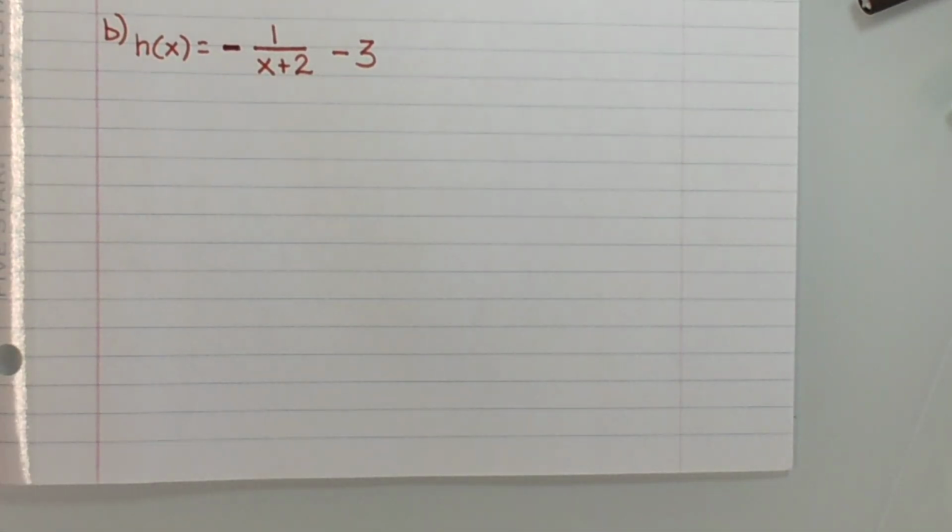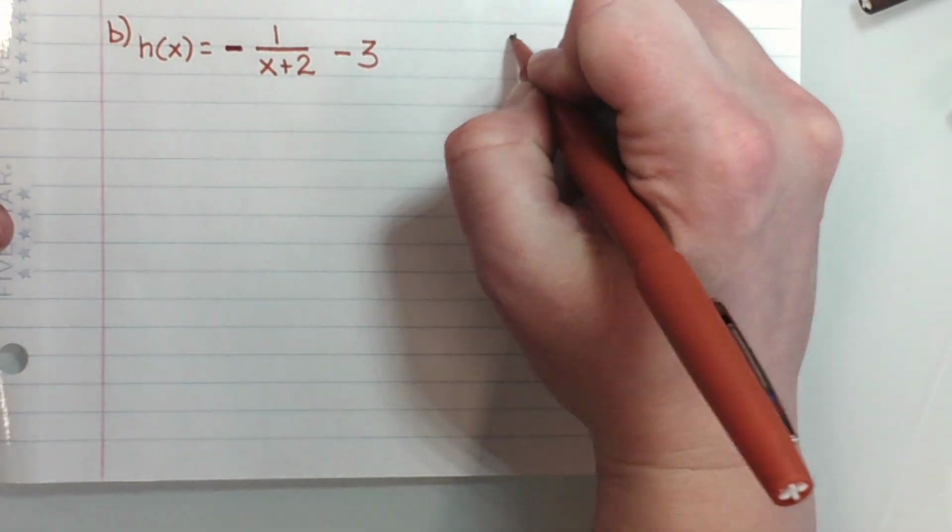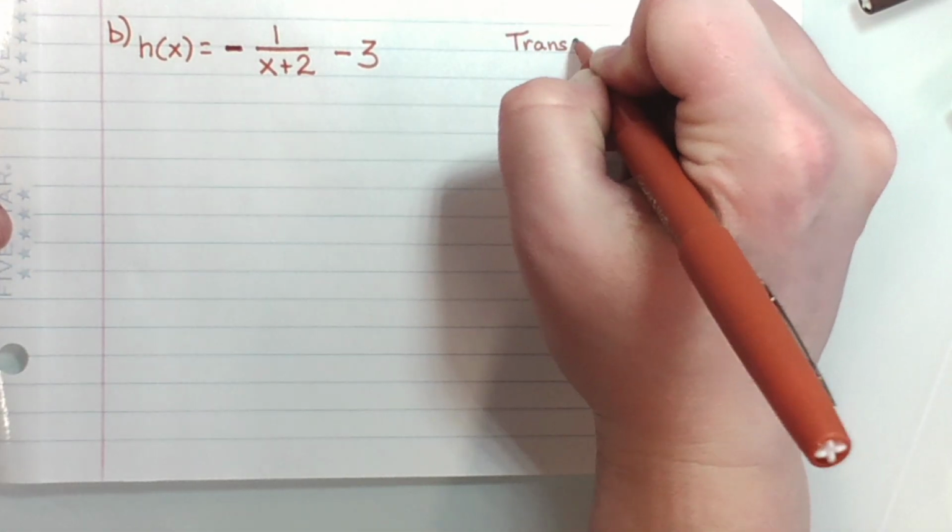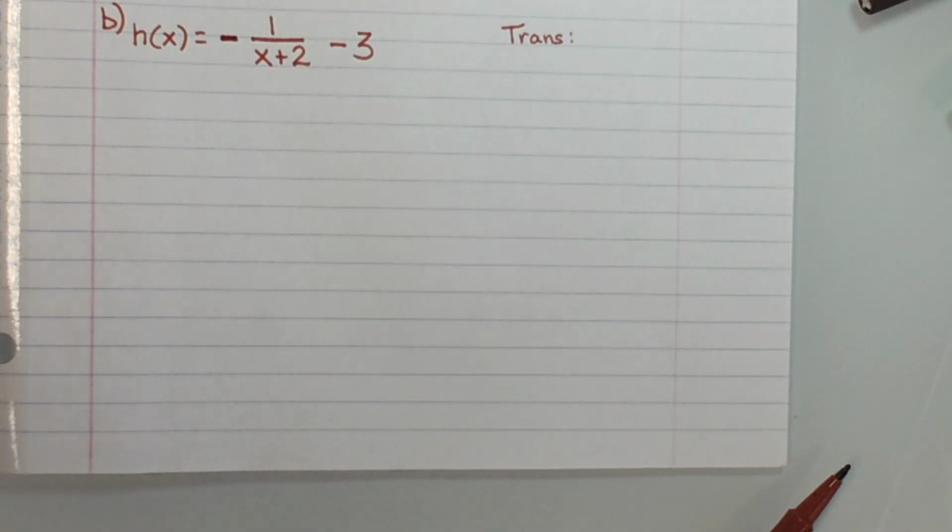We got 2 more examples. First, we're going to talk about the transformations we see.